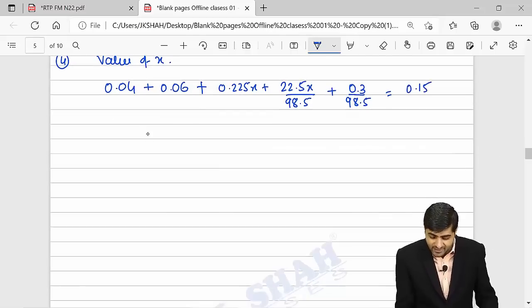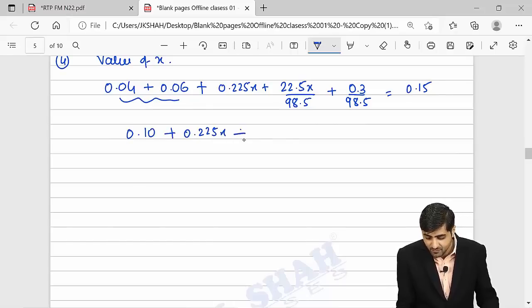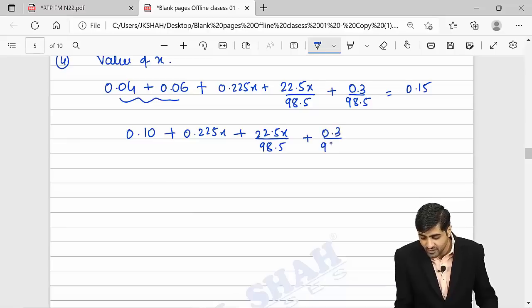So guys, can I say this will now become 0.1 plus 0.225x plus 22.5x upon 98.5 plus 0.3 upon 98.5 is equal to 0.15.